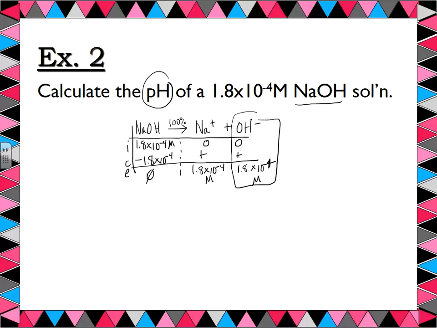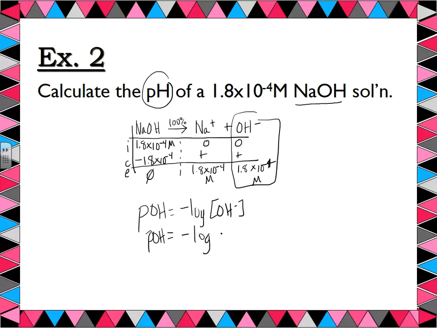Now this is the ion that's important to focus on here. We are looking for the pH, but we have the OH concentration. Now recall that pOH can be calculated by taking the negative log of the OH concentration. So now that we know the hydroxide ion concentration, we can find the pOH and then from there find the pH.